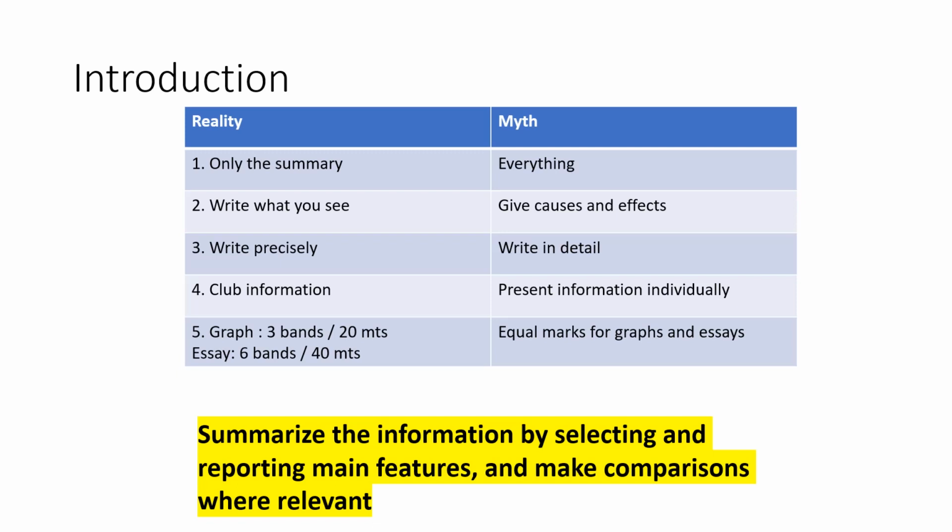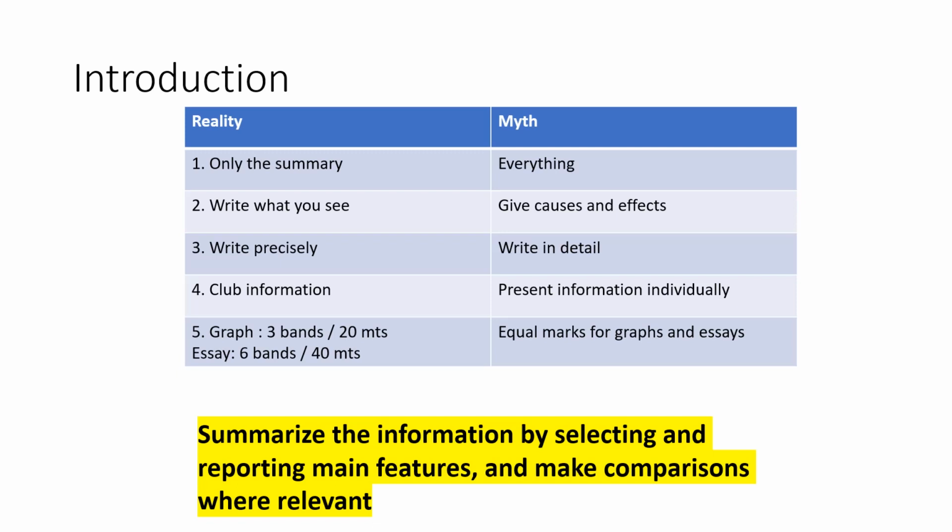So when we say summarize, we are actually trying to say that you are supposed to write very precisely. You are not supposed to describe. So there is a difference between summarization and description. You're supposed to summarize the information, and that too you're supposed to talk about only the main features, which means you would get marks on your selections also, like which particular information you are considering to be an important main feature, right?